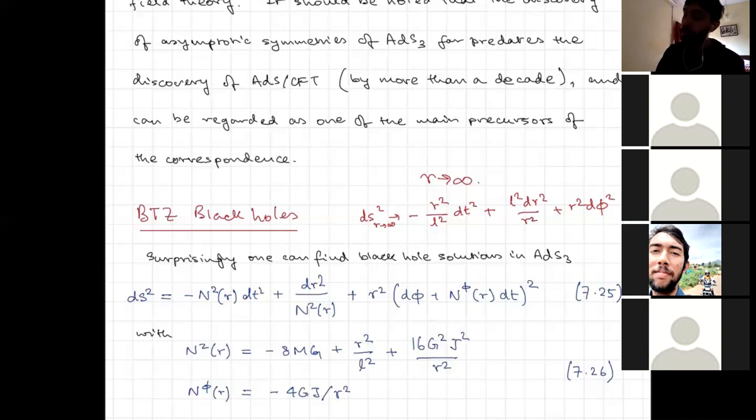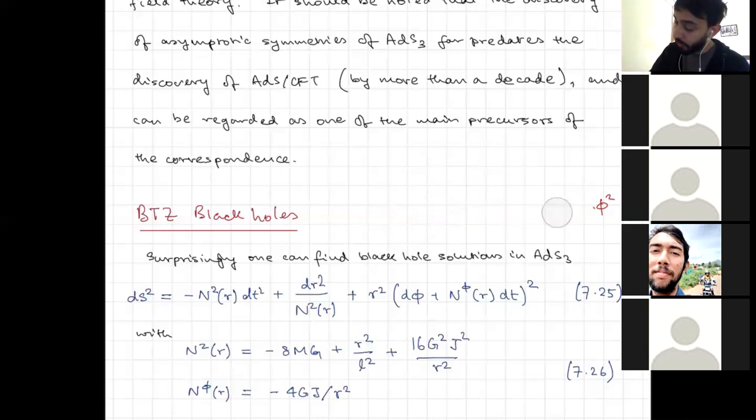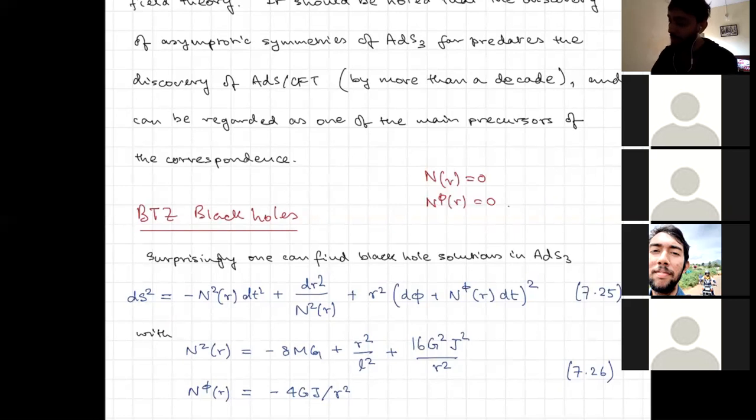So these space times are asymptotically AdS3. And you can also see that if you put N phi of r equal to 0, then you find that you will get AdS3 as well. Sorry, let me just have a look at this.